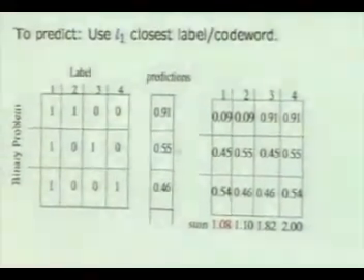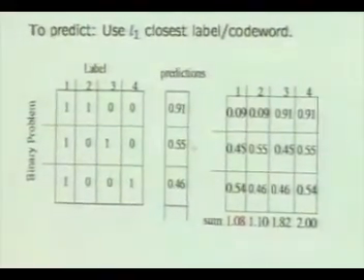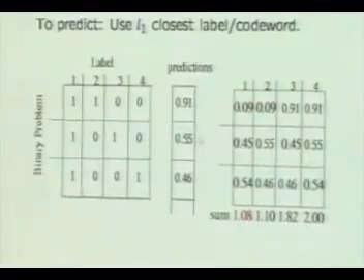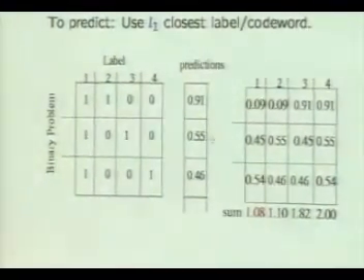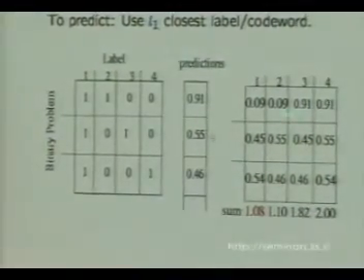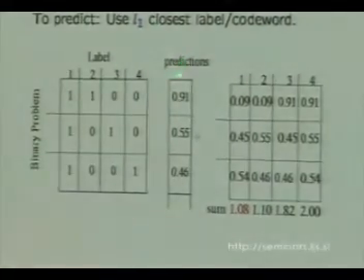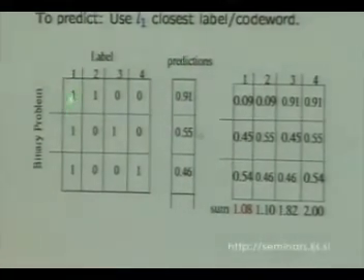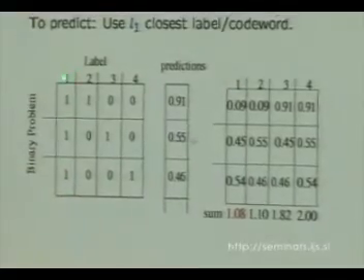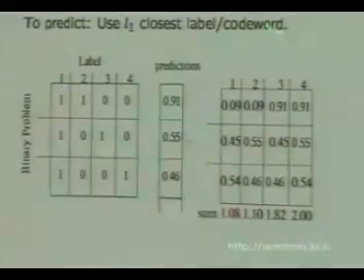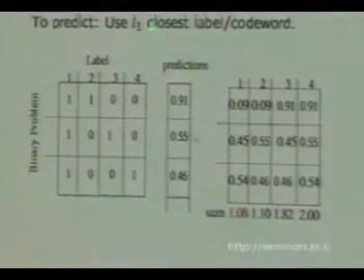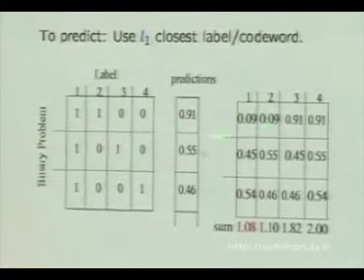And then the way that we make a multi-class prediction is essentially the same, except now instead of using the Hamming distance between the predictions and the canonical predictions, we're going to use the L1 distance. The L1 distance between 0.91 and 1 is 0.09.